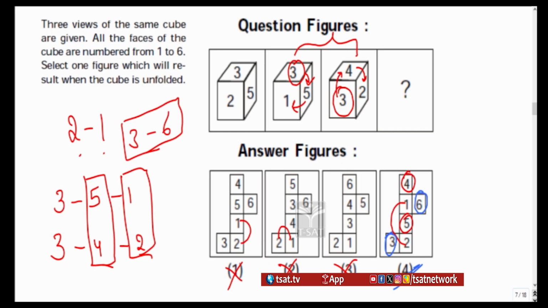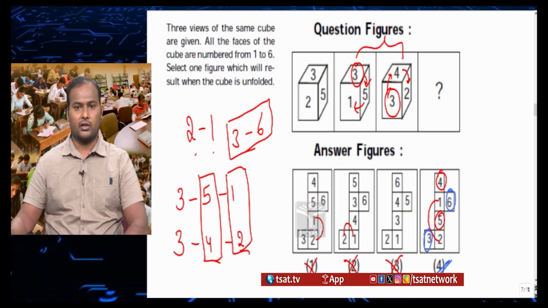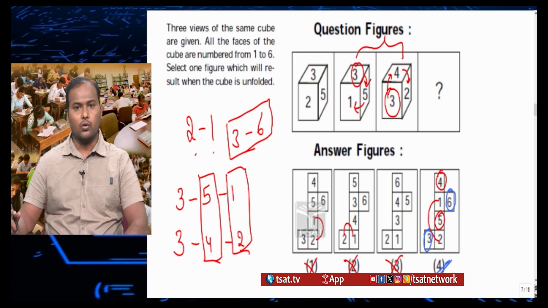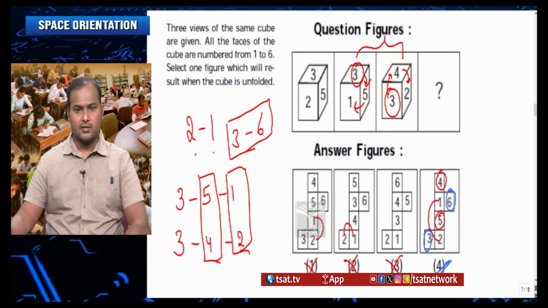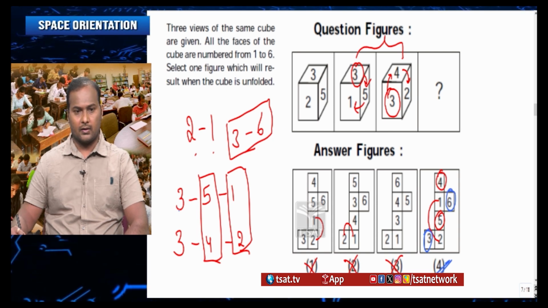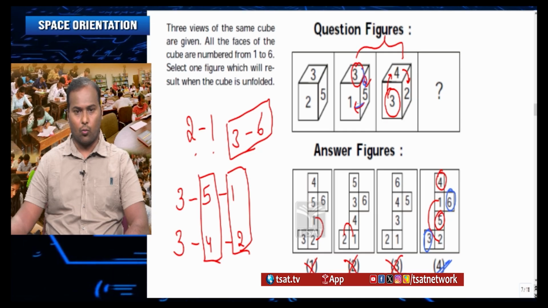So in this case also, whenever you get this kind of question, first you have to check for the common between the cubes. If there are 2 common, the remaining faces are opposite. If there is 1 common in both the cubes, from the common you move either in the clockwise or anti-clockwise direction. See here in this case, from the common 3, if I move in the clockwise direction, I got 5 and 1.